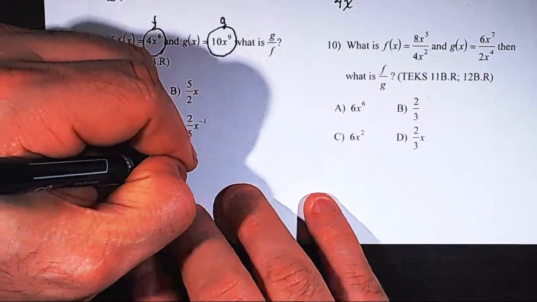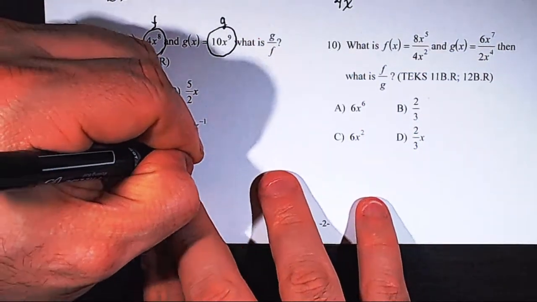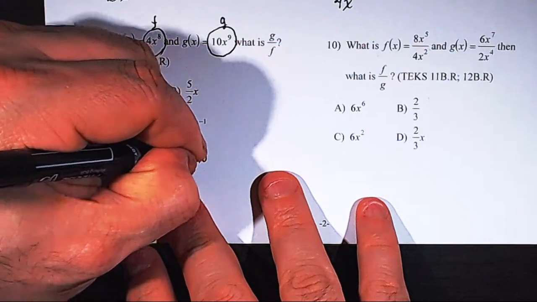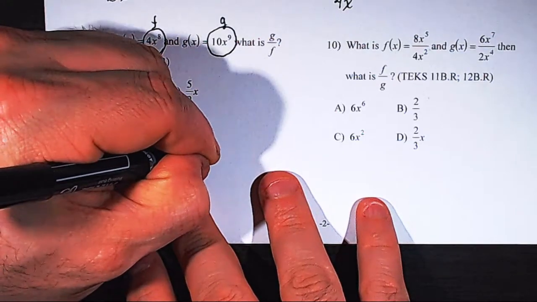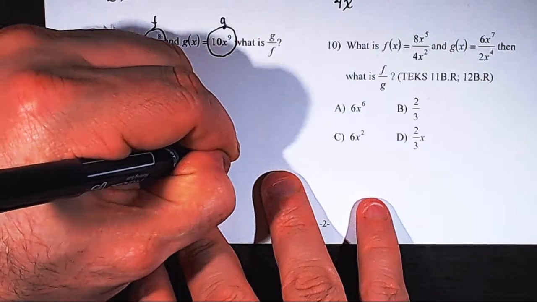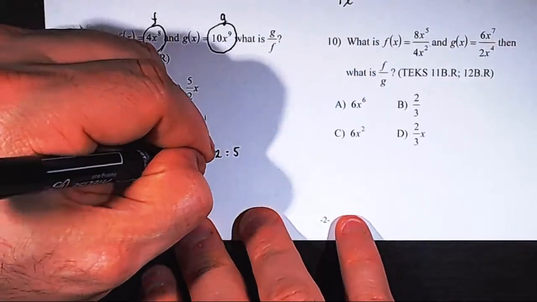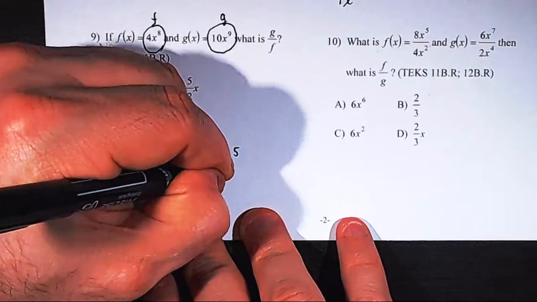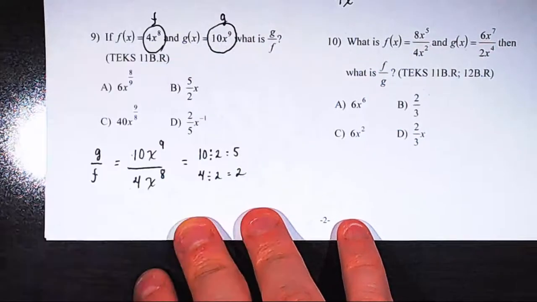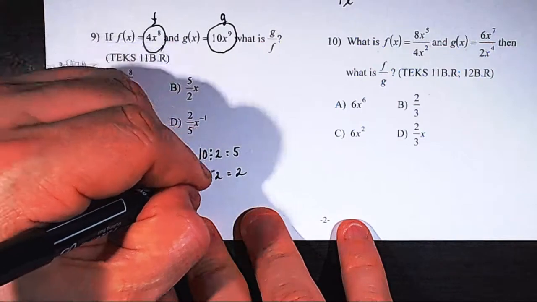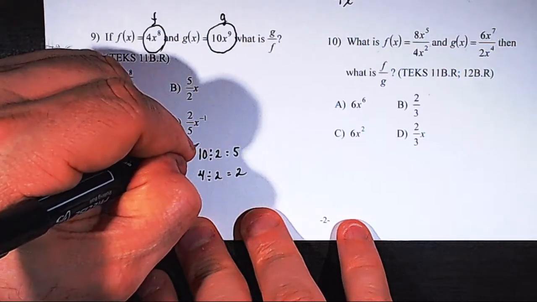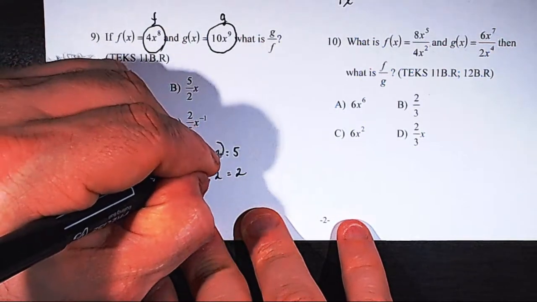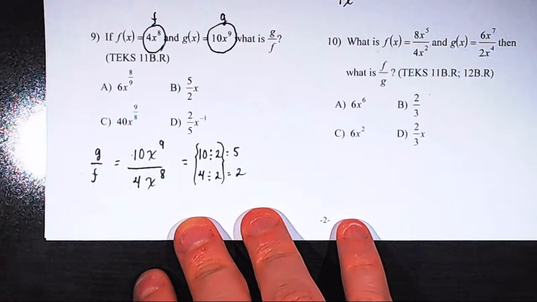Okay, so I'm going to actually write this out. 10 divided by 2 equals 5, and then 4 divided by 2 equals 2. I'll bracket this off just so we understand what we're doing.